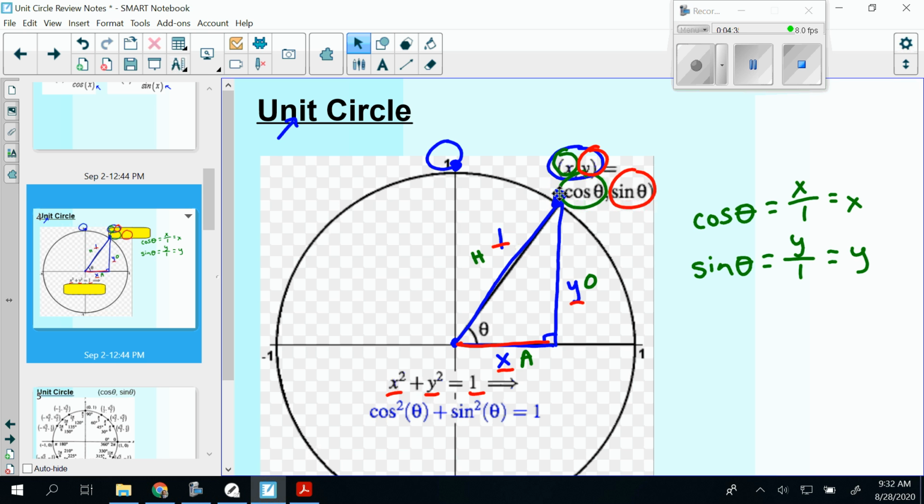So cosine squared plus sine squared is equal to 1. That is another trig identity that you should know from last year. That one is not a hard one to remember. We did have some harder ones to remember that involve double angles and half angles. Those do not need to be memorized, but the ones talked about here you should have a common knowledge of.